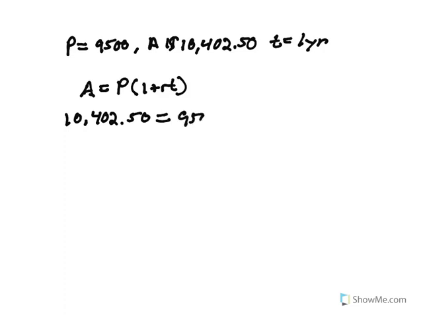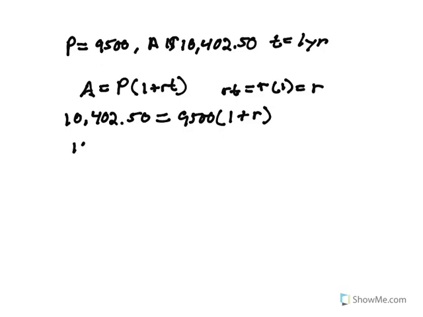Principal is 9,500. Now, the rate is unknown and we're multiplying it by 1 year because we're doing RT, right? That's just going to equal R. Okay? So it's 1 plus R.